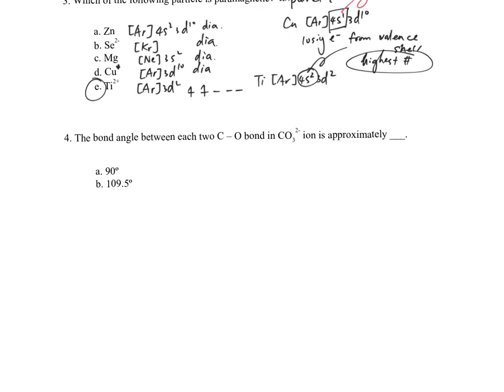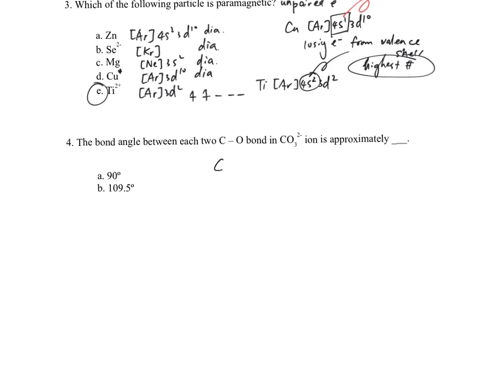CO3 2- is one of those ions that we say has resonance structures, because with the electron count, one of the 3 oxygens needs to make a double bond to satisfy carbon's octet.